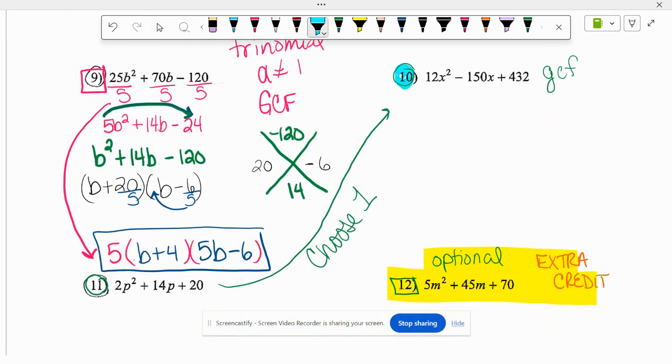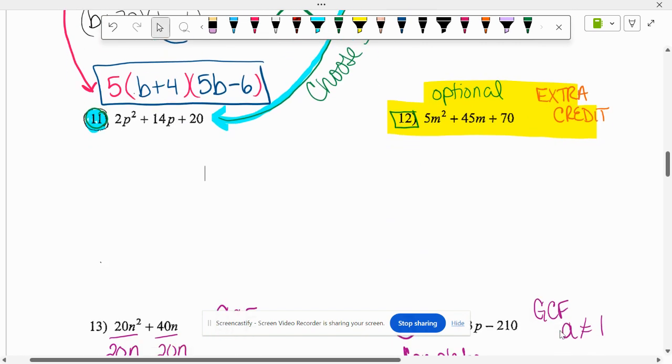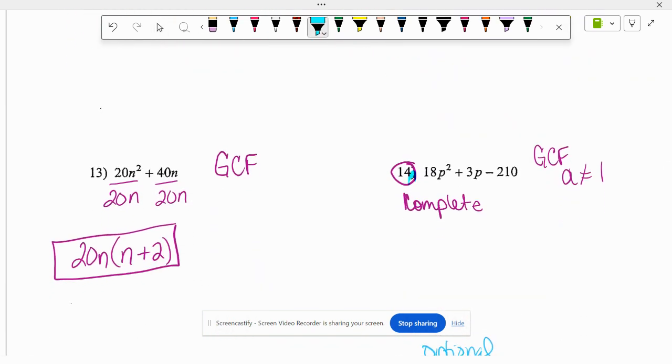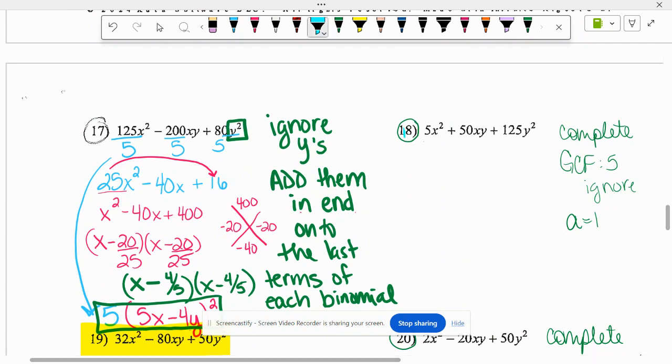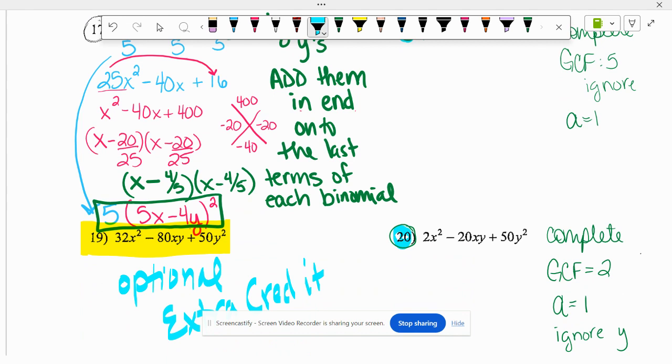And then you need to complete number 10 or number 11. This is a choose one. So number 10 or number 11. You're completing number 14. You're completing number 18. And you're completing number 20.